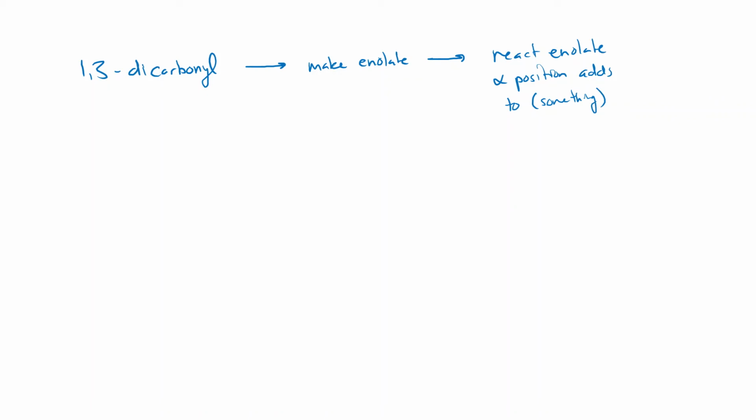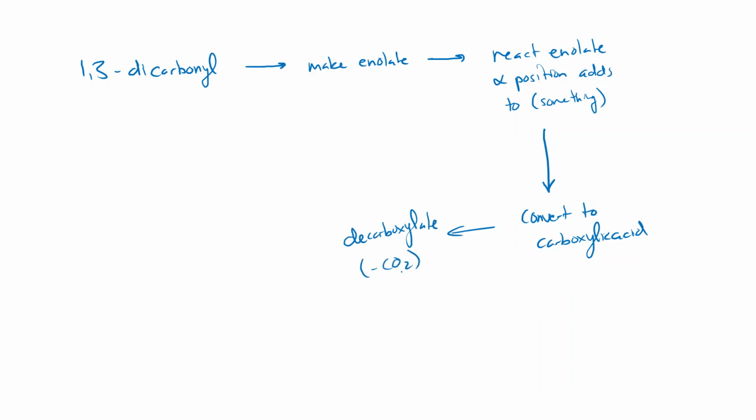We've gone through a whole bunch of reactions: the aldol, the Claisen, the Michael, the SN2, the bromination. The alpha position can add to a lot of things. It adds to something to make a new compound. Then we convert to the carboxylic acid, and decarboxylate. Loss of CO2.